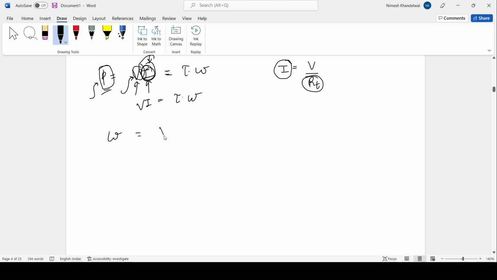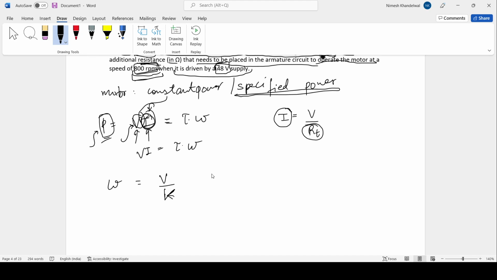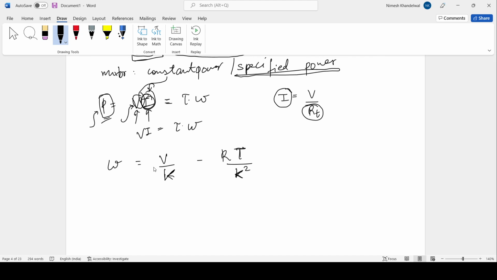It is given as omega equals the supply voltage over K, where K is this speed EMF constant, minus the total resistance times the torque divided by K squared.